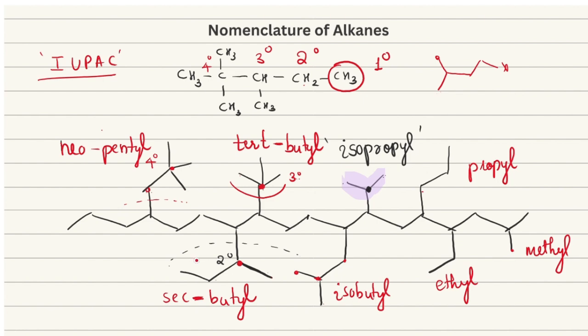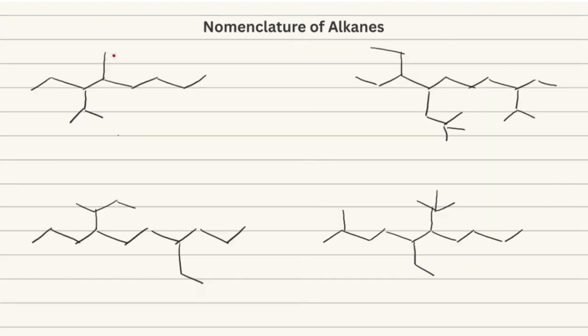Now let's apply this concept on some more molecules. You can see the substituents are methyl, isopropyl, secondary butyl, etc. Whenever we have different prefixes, remember the iso and neo are considered in the alphabetical priority, whereas secondary, tertiary, and di, tri, all these must not be considered in the alphabetical priority.